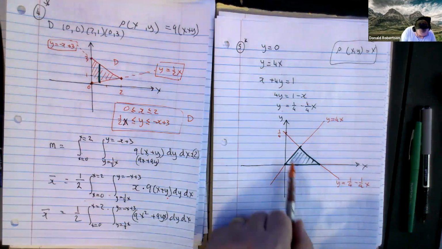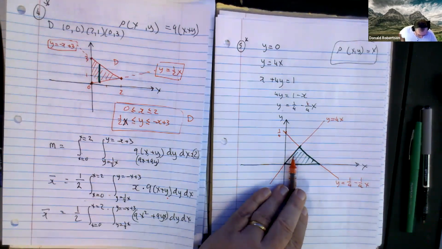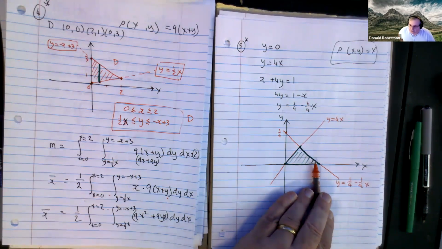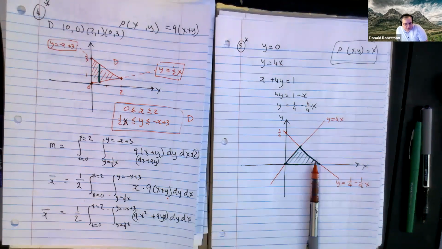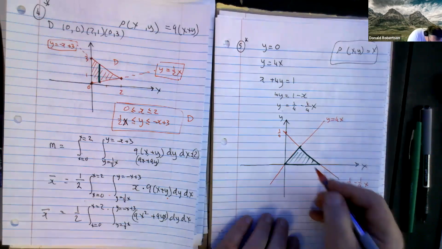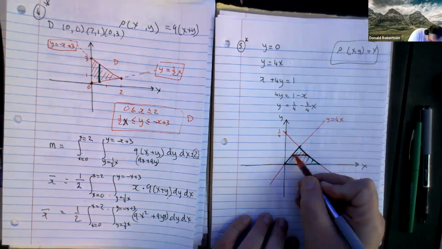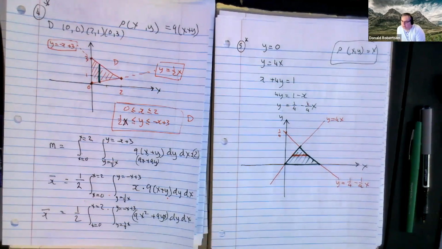If I try to do vertical here, would you see I'd have the x-axis in one line and then a switch over and the x-axis on the other line? I think John mentioned on Monday, could we split it into two and do it that way? Yeah, I guess you could, but doesn't that double your workload? So in this question here, I think going horizontal is just so much easier.